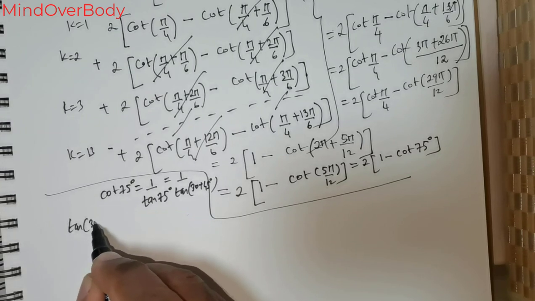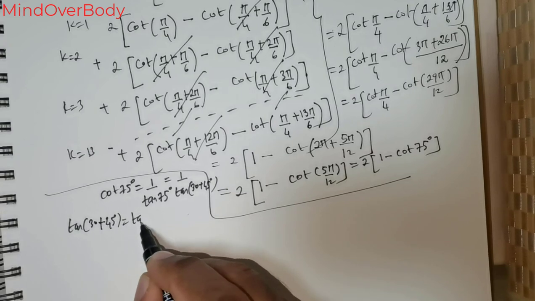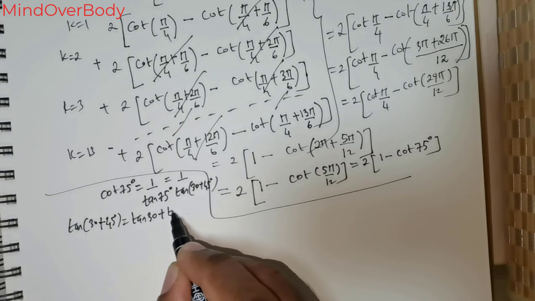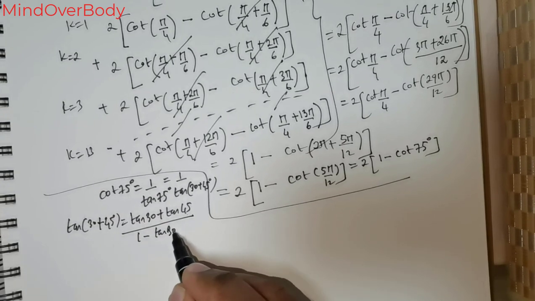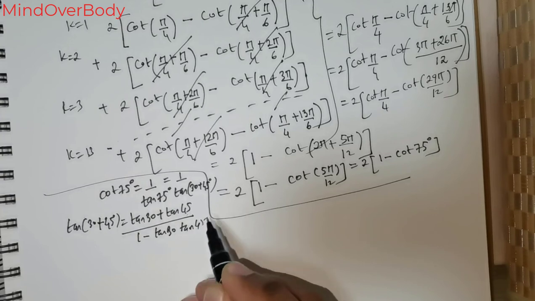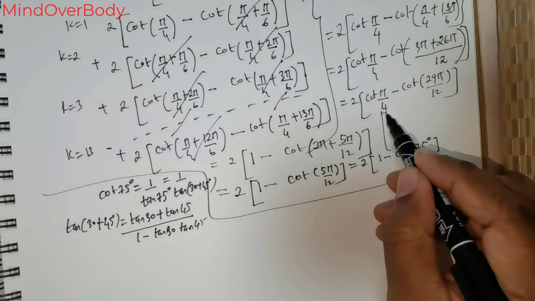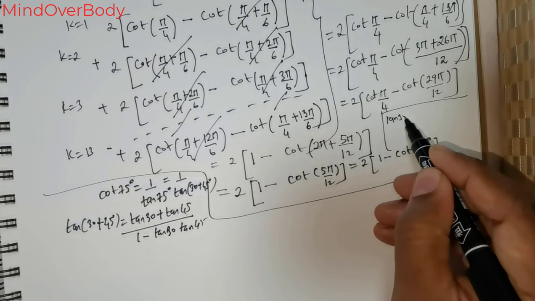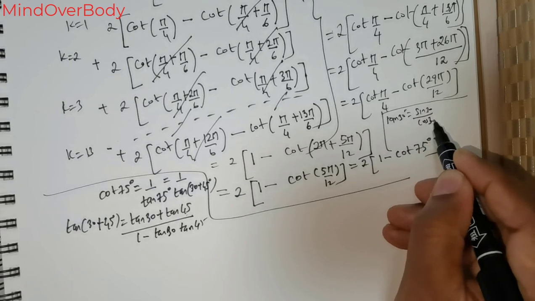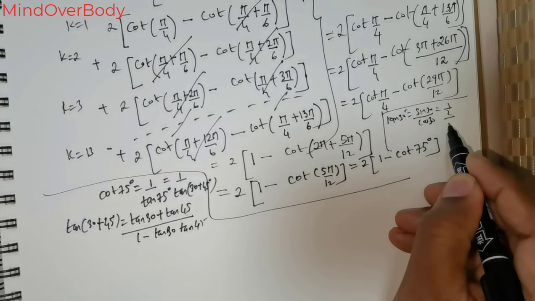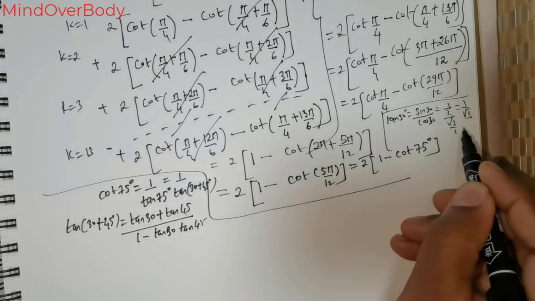So let me find out the value of tan of 30 degrees plus 45 degrees, which is nothing but tan A positive tan B divided by 1 negative tan A tan B. Now tan 30 is nothing but sine 30 by cos 30. Sine 30 is 1 over 2, cos 30 is root 3 over 2. So tan 30 is 1 over root 3.